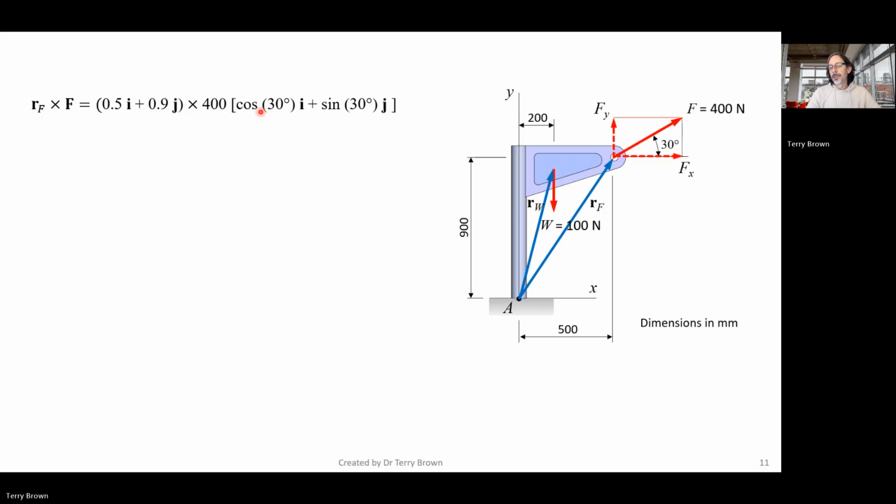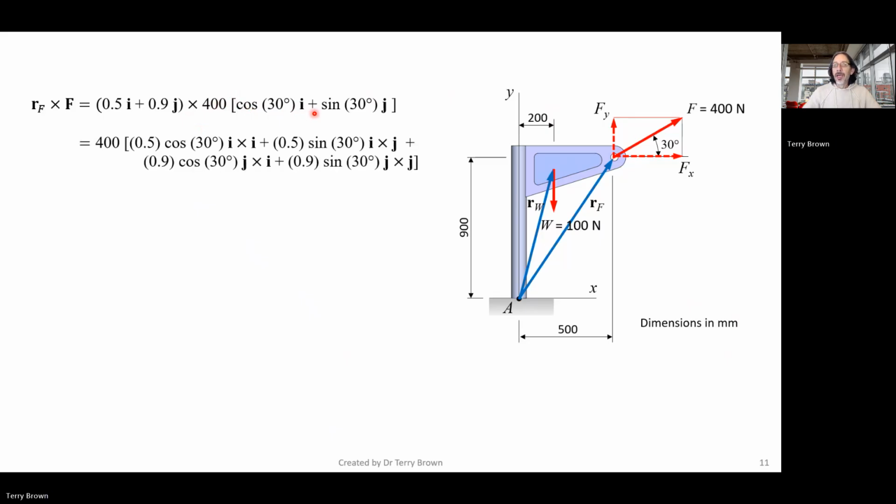The force vector. And as I said, in this case, I'm just going to do the multiplying through to find the answer. So if we just take out our 400 out the front, because that's common. As we saw before, it's a scalar, it just multiplies through, so it doesn't matter where we put it.